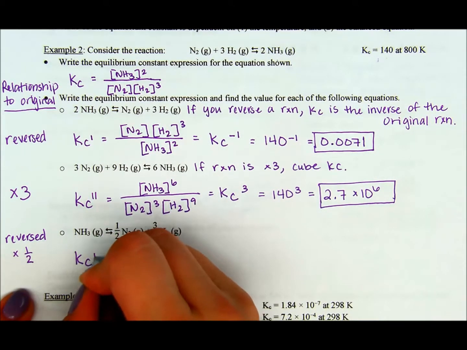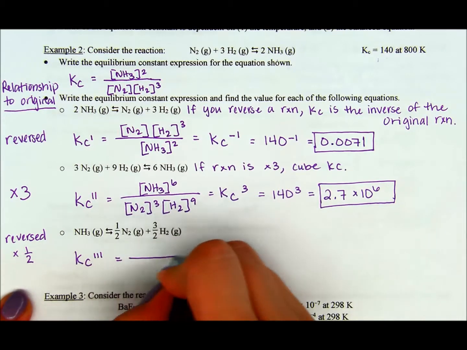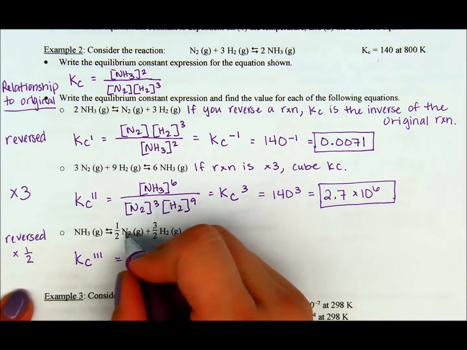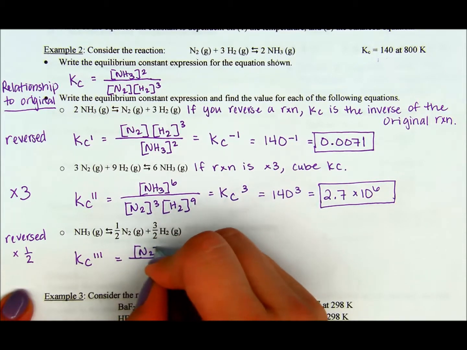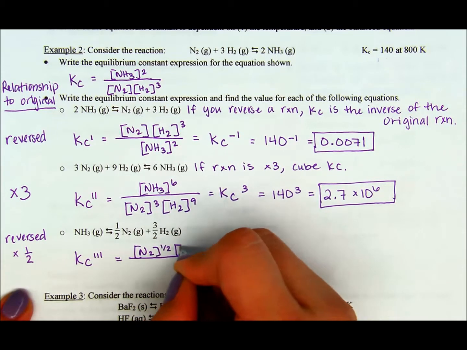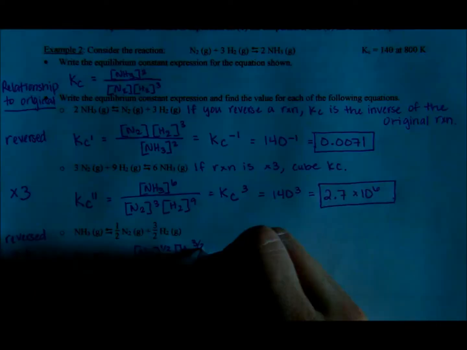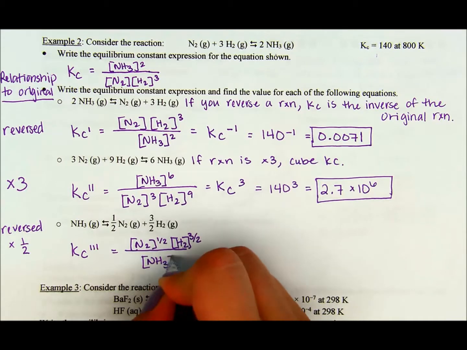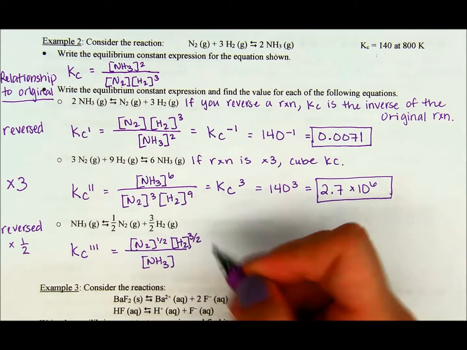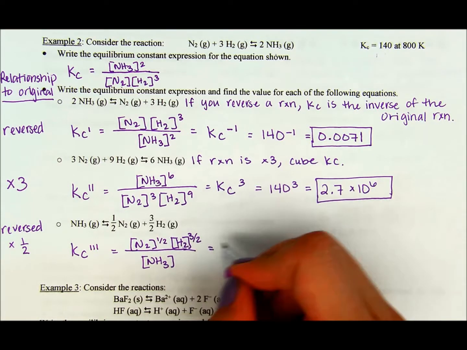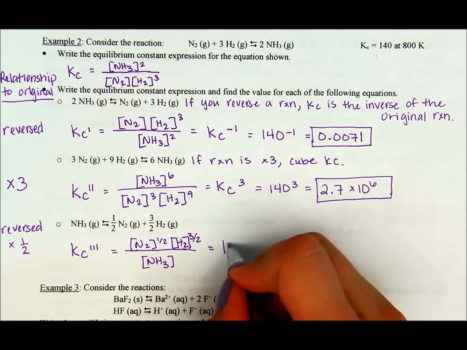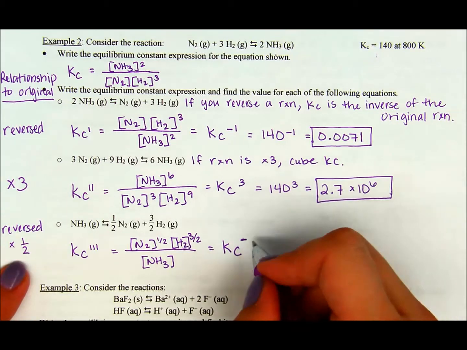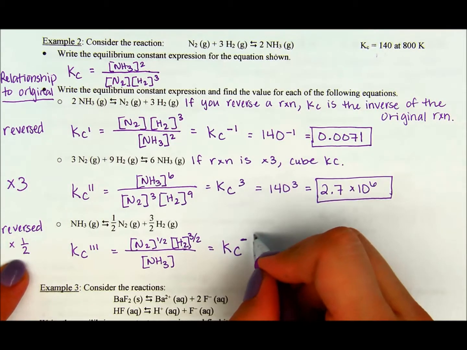So Kc triple prime is going to be equal to our products over our reactants: N2 to the 1/2 times H2 to the 3/2 over NH3 to the first power, so nothing. Our Kc then, if this was reversed, we would do the inverse, and to the 1/2 power, because it's multiplied by 1/2.